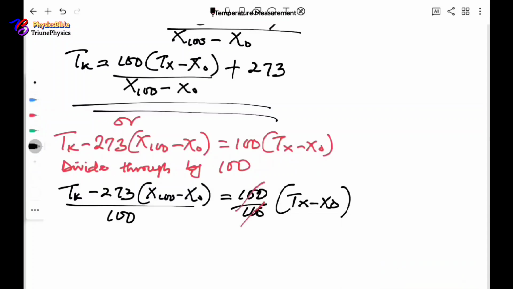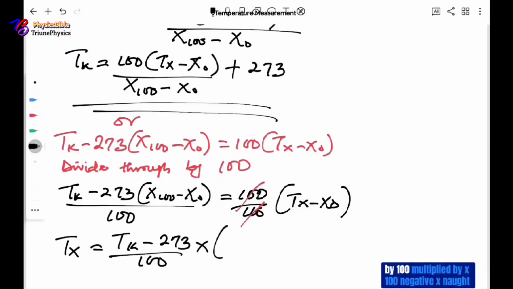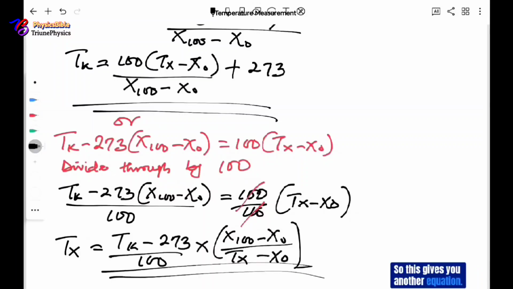Is that clear? So that we have T of X is equal to T of K minus 273 divided by 100 multiplied by X 100 minus X naught divided by T of X minus X naught. Is that clear? So this gives you another equation. X naught can cancel out X naught. Please take note of that.